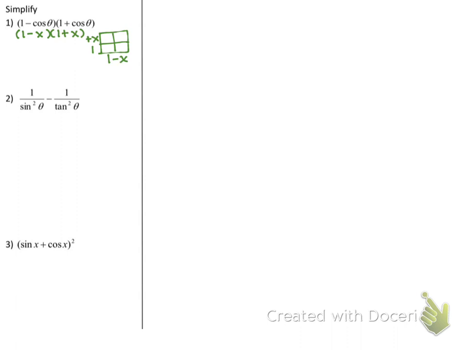So if I take out a box, and if you don't need the box to multiply, then don't write it out. This is going to be 1 minus cosine theta, 1 plus cosine theta. 1 times 1 is 1. 1 times cosine theta is cosine theta. That's negative cosine theta. Let's actually drag this box a little bit bigger so I have some room. And then negative cosine times positive cosine is negative cosine squared.